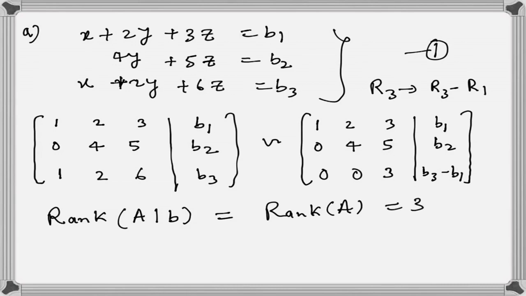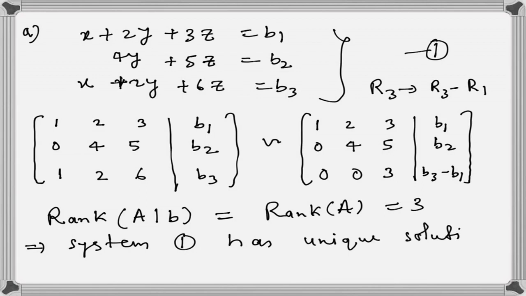This implies that, because we already get 3 non-zero rows and this matrix is also in echelon form, system 1 has a unique solution for all b1 b2 b3.